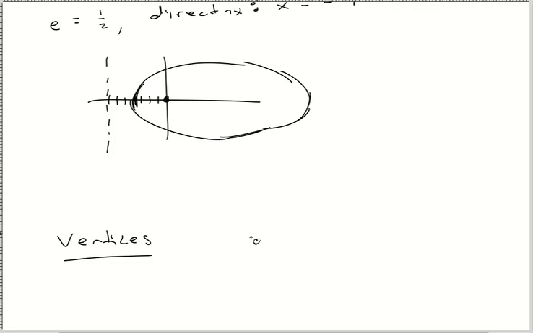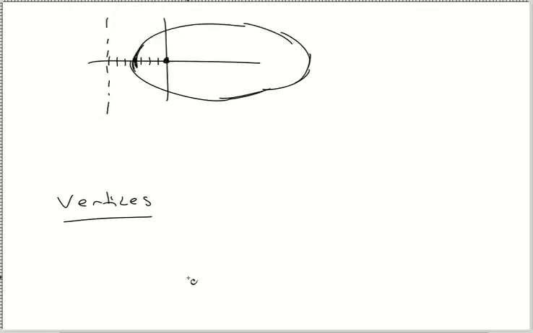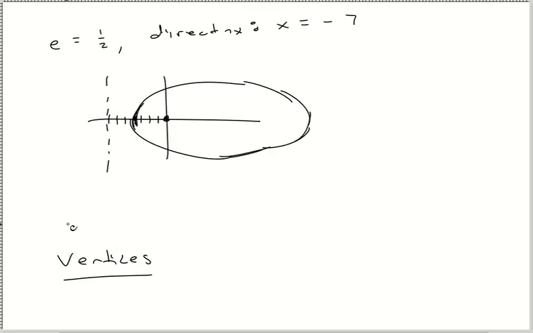Okay, well, here we go. So let me tell you how this works. They're going to want the center, the vertices, and then the major and minor axes. When I say major and minor axes, I mean 2 times the major, 2 times the minor, and so on.